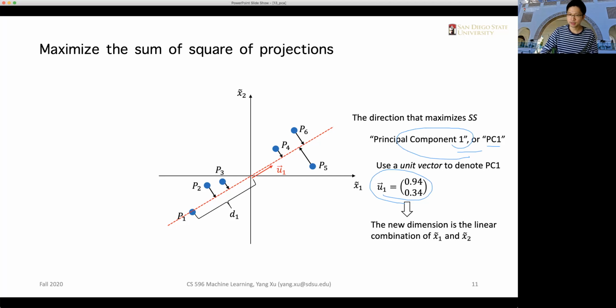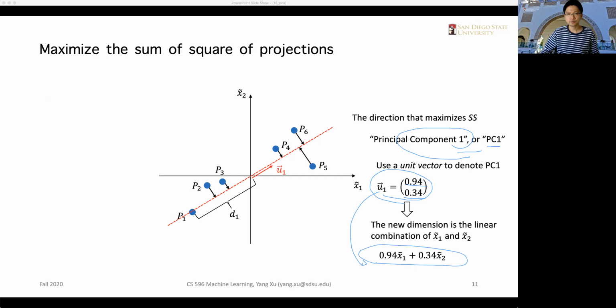This u1 is a linear combination of both: 0.94 times x1 tilde plus 0.34 times x2 tilde. This is the meaning of the coefficients of the unit vector of the principal component.